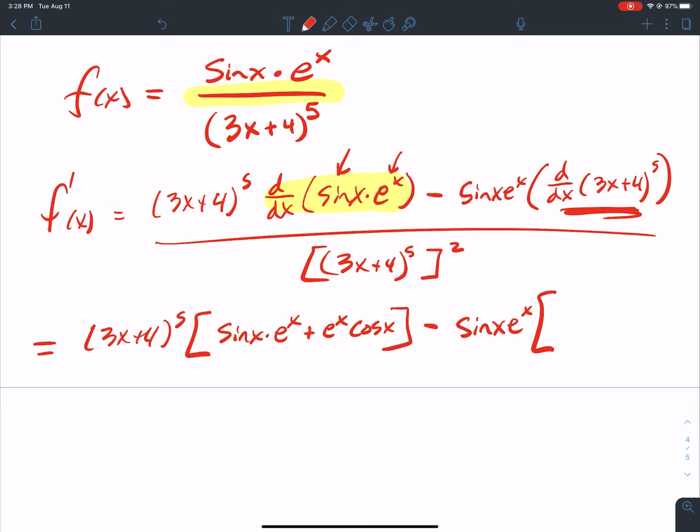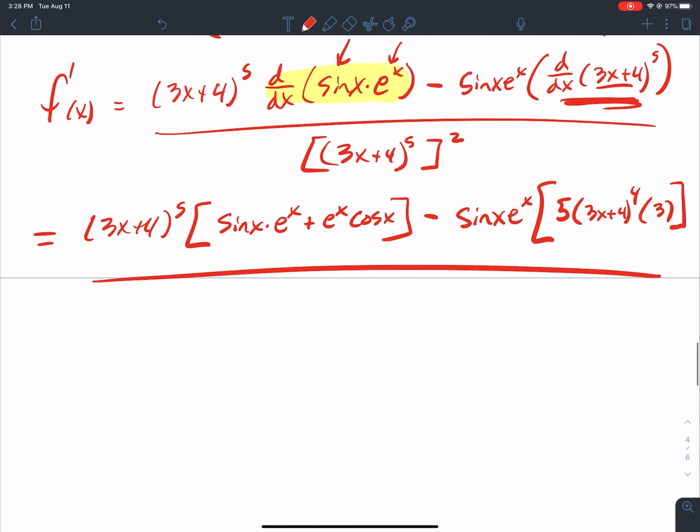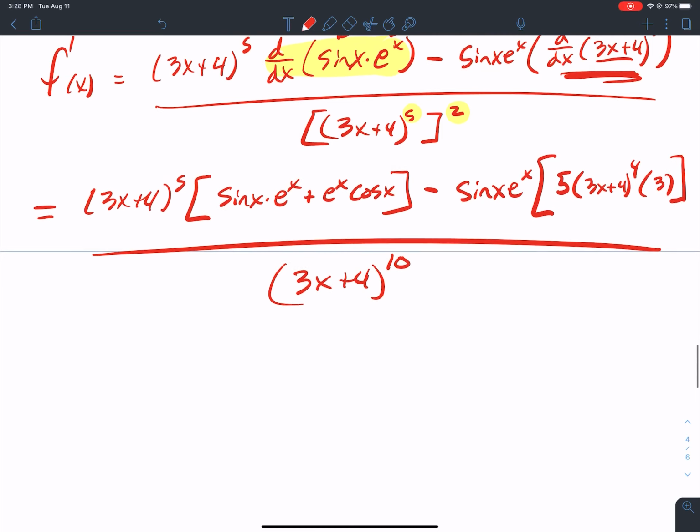The chain rule says the derivative of something raised to the 5th power is 5 times the something raised to the 4th power, and then the derivative of 3x plus 4 is just 3. All divided by 3x plus 4 raised to 5 times 2, which is 10, since with a power to a power I multiply the exponents.